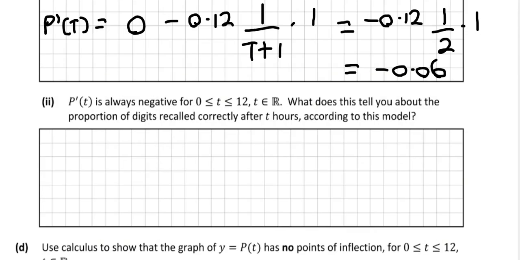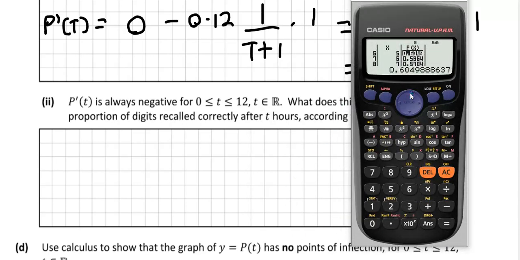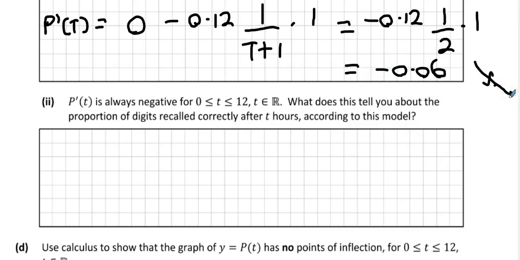P of t is always negative. Do you want to know why it's always negative? Do you notice that it's always going downwards? It never goes upwards. See the way it starts off at 0.82? And see the way it's constantly decreasing? It means your graph is on the way down. As the time goes up, your percentage goes down. It's constantly decreasing. What does that tell you about the proportion of digits recalled after t hours according to this model? P of t is always negative.